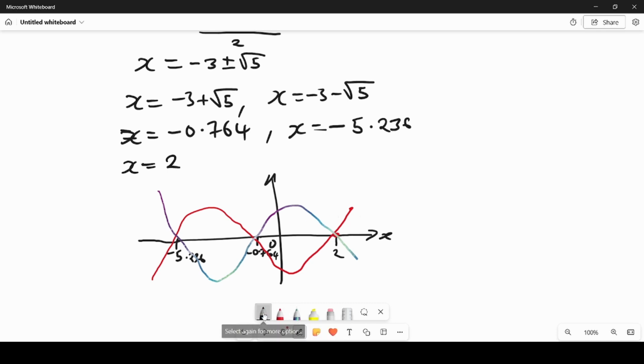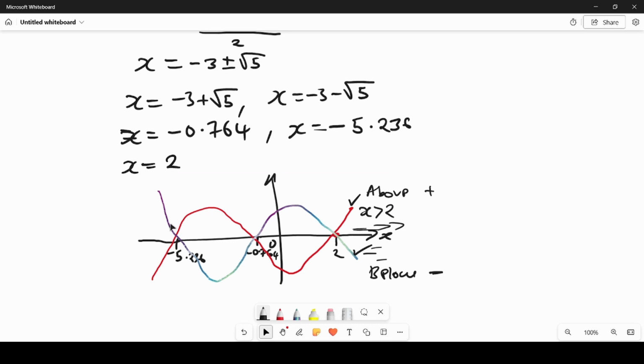We can test for the values of x, say x more than 2. For these values that are here, values of x going this way, let's get one of the values. We see whether it will be above, by getting a positive number, or below, by getting a negative number. If it is below, we're going to go with this graph. If it is above, we're going to go with this graph. Let's test.